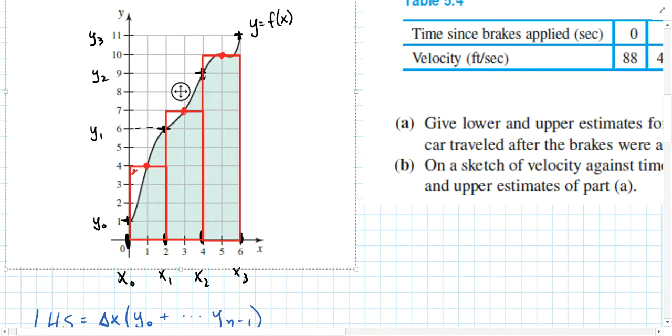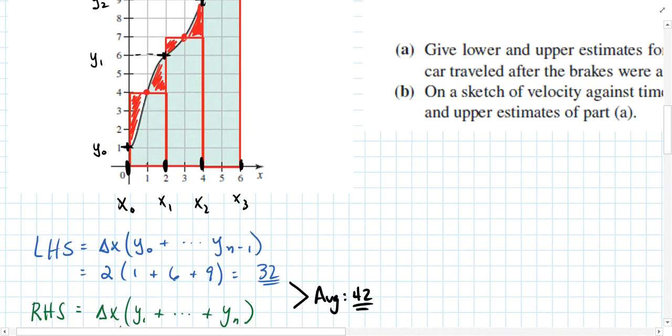This rectangle overestimates on this portion, but then it underestimates in this portion. It overestimates here and underestimates there, and then it overestimates a little bit right here because of the dip in the graph, but then it underestimates over here.